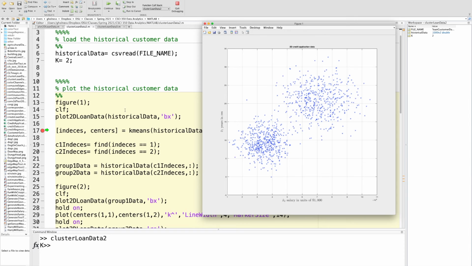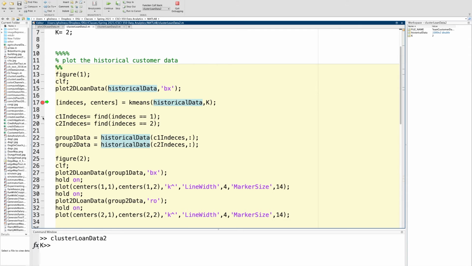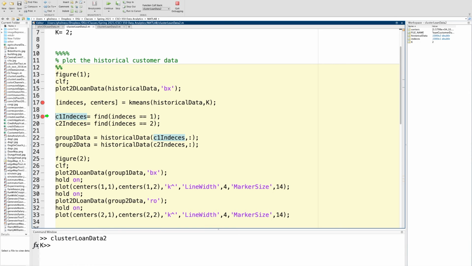Now we're going to call kmeans, and after we call kmeans, we get back indices and we get back centers. So let me continue. Now I have my indices array, and you notice that's 1,000 rows because I have 1,000 data records. And then centers, I have two clusters, so it's going to be 2 rows, and it's 2 dimensions, so we're going to have 2 columns.